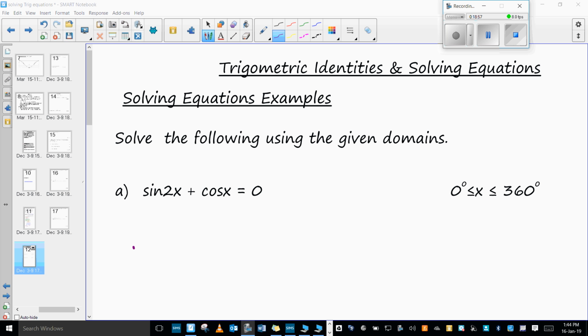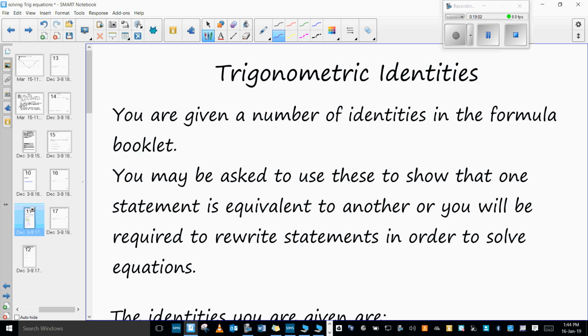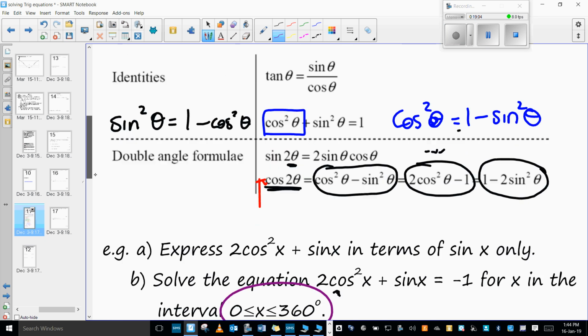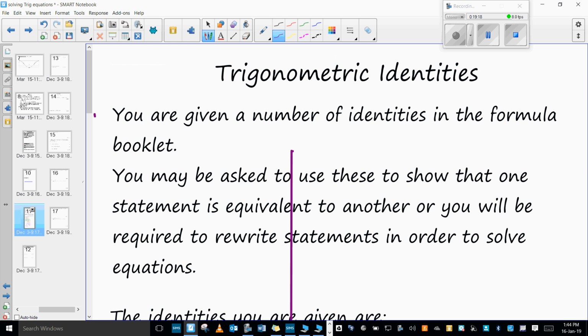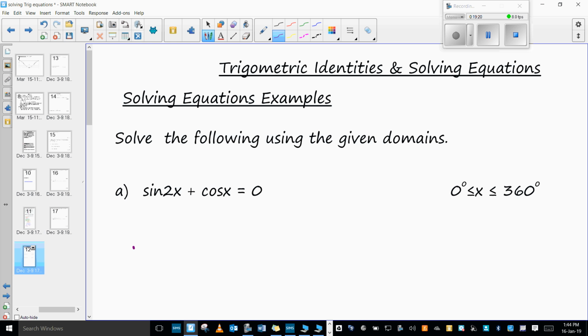So this is where we're going to go back to our trig identities. And there is only one option for sine 2 theta. You see that? So instead of writing sine 2x, we're going to write 2 sine x cos x. So we're writing 2 sine x cos x plus cos x equals 0.